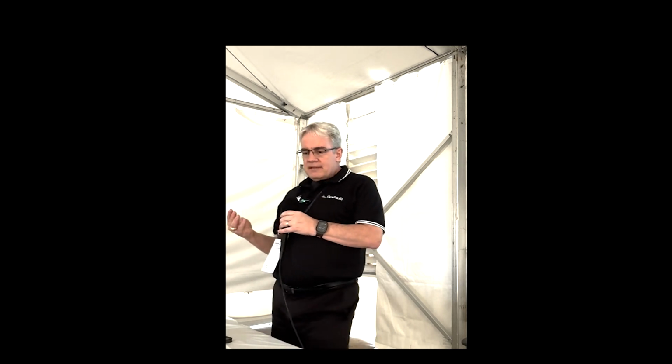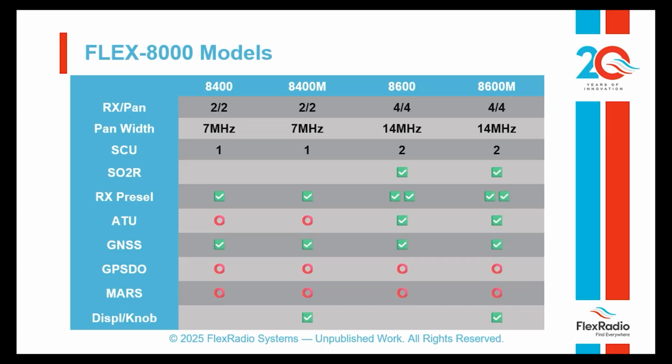We offer 4 base models here. We have an 84, an 84M, and then an 86 and an 86M. The fundamental difference between the 84 and the 86 is that the 84 can talk to 1 antenna at a time, and the 86 can talk to 2. The 84 has 2 receivers, whereas the 86 has 4. So if you only have 1 antenna and you think you're only going to ever want to listen to 2 bands at the same time, an 84 is the radio for you.